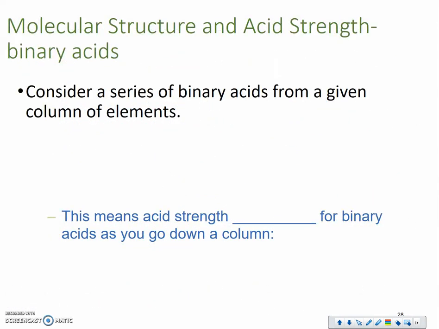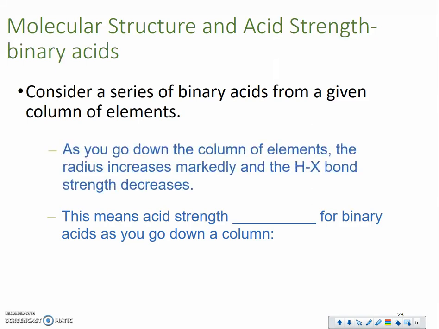So if we look at binary acids, so H with just one other element in a given column. As we go down, our bond strength is going to decrease because your atoms are getting bigger. So that bond is getting weaker, which means my acids are going to get stronger because it's easier to pull away.